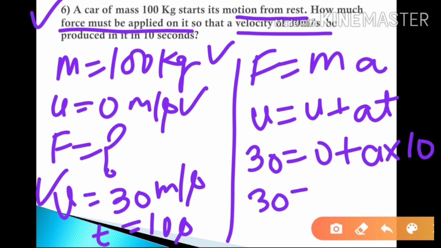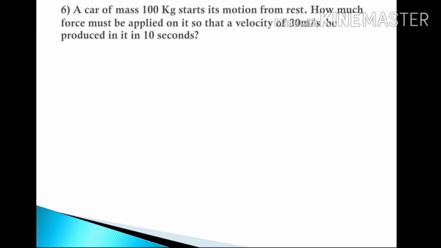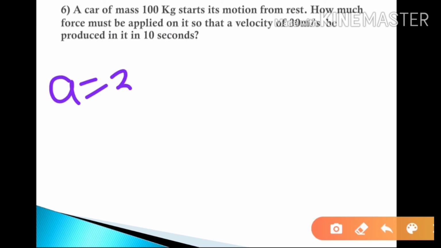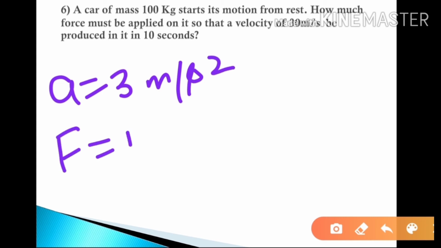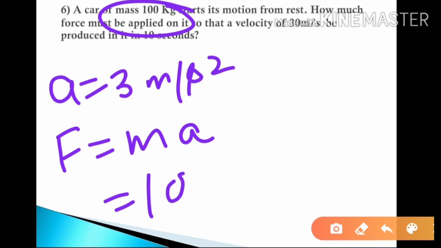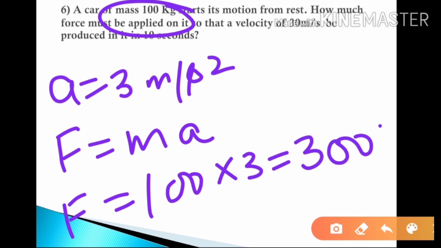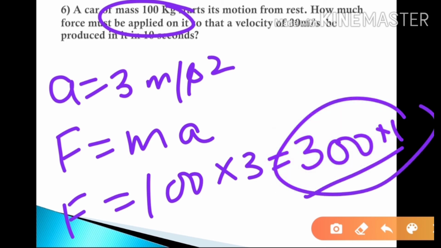So here 30 is equals to 10a, 10 3 is 30. So acceleration is 3 meter per second square, and if we have to calculate the force, then mass is 100 kilogram, acceleration is 3, then our force will be 100 3 is 300 Newton. 300 Newton will be our required force.